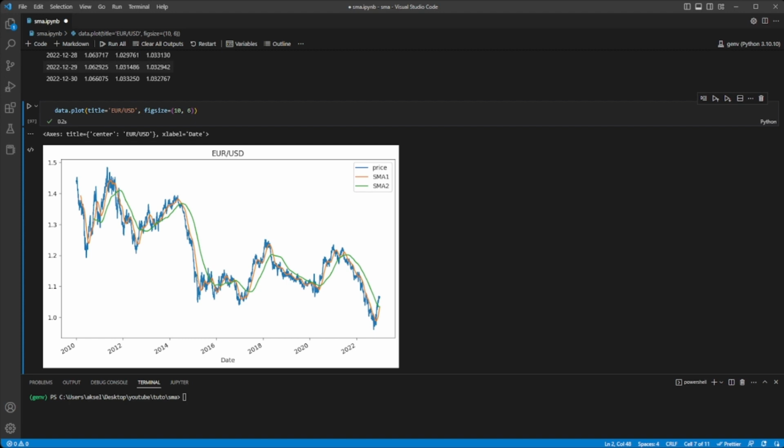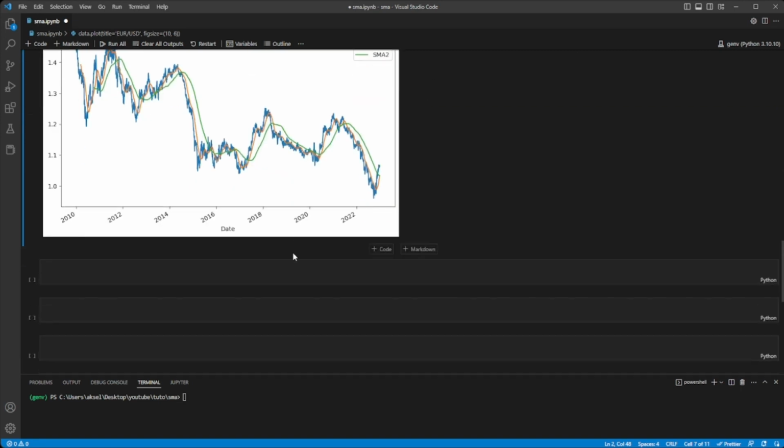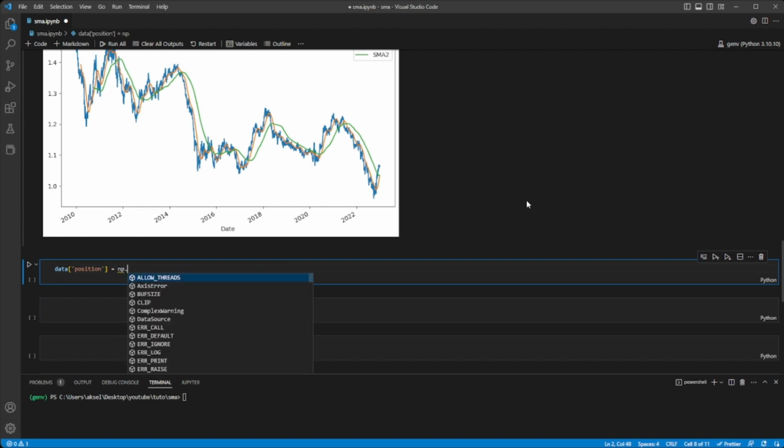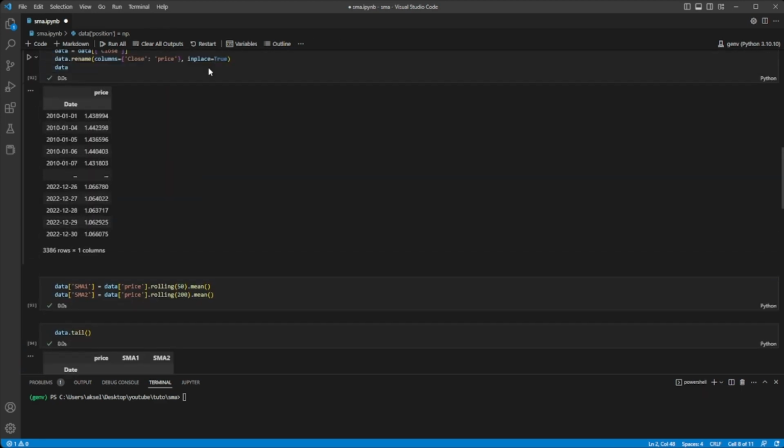So being able to directly compare the two columns of the data frame objects makes the implementation of the rule just one line of code. So let's go. Our position will technically be, we're gonna use numpy, so I will need to import it.